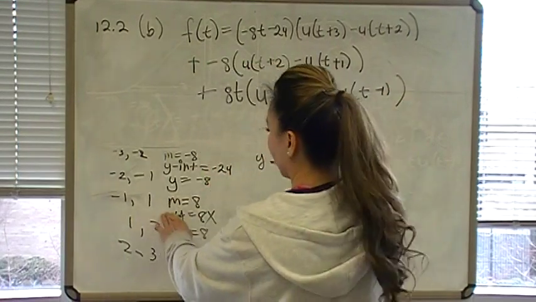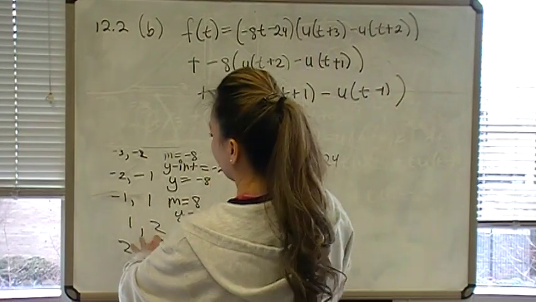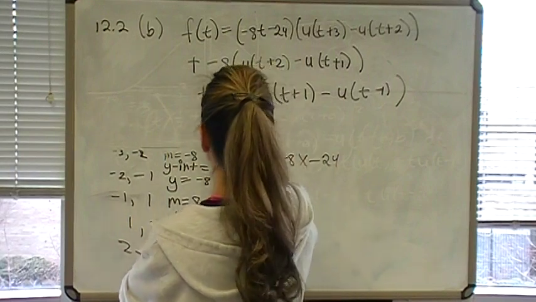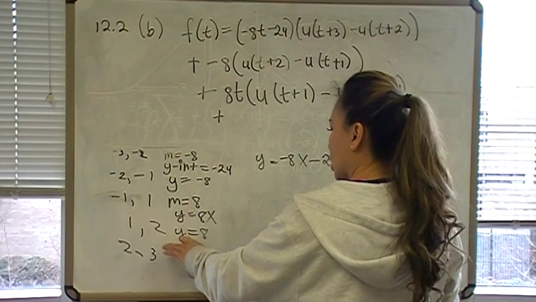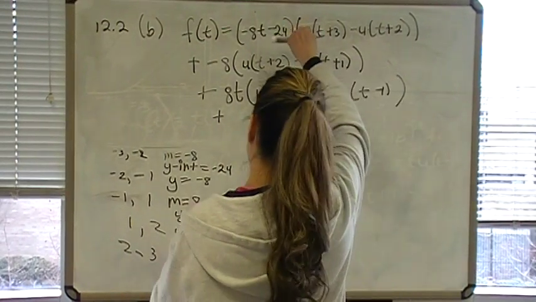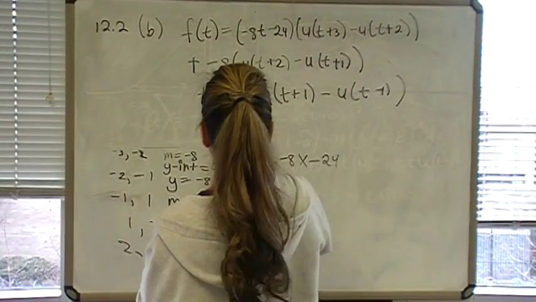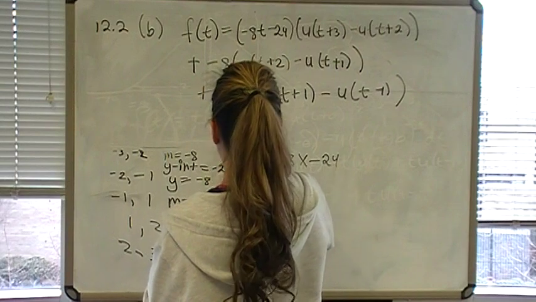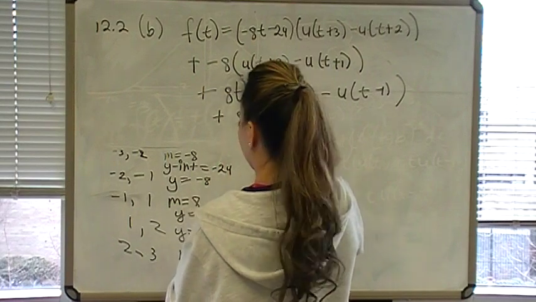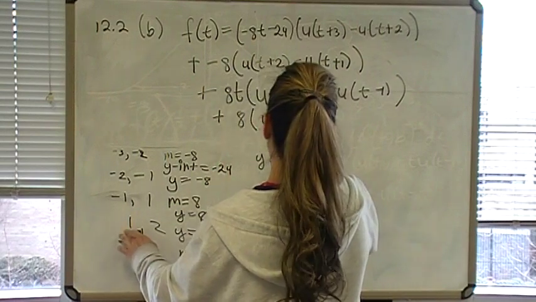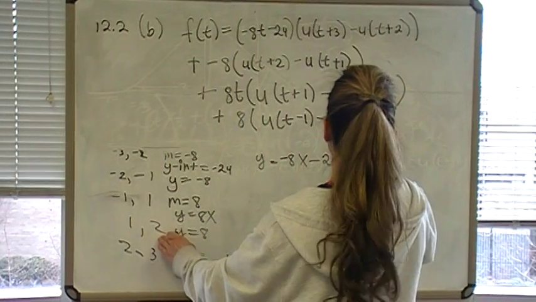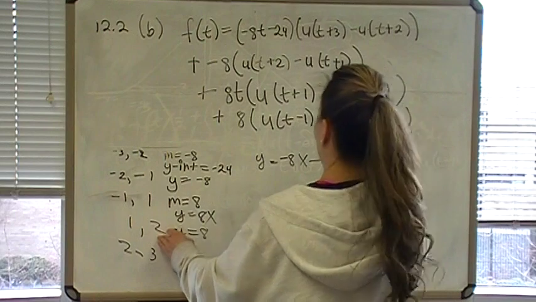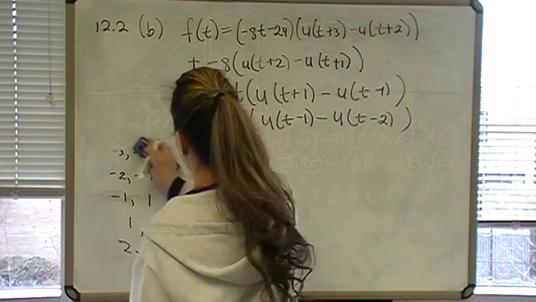Okay, so now we've handled that interval, and now we need to handle the interval from time 1 to time 2. That's described by the equation y is equal to 8. That's a horizontal line. So that gives us y is equal to 8 times u of t minus 1, minus u of t minus 2, whatever the units.